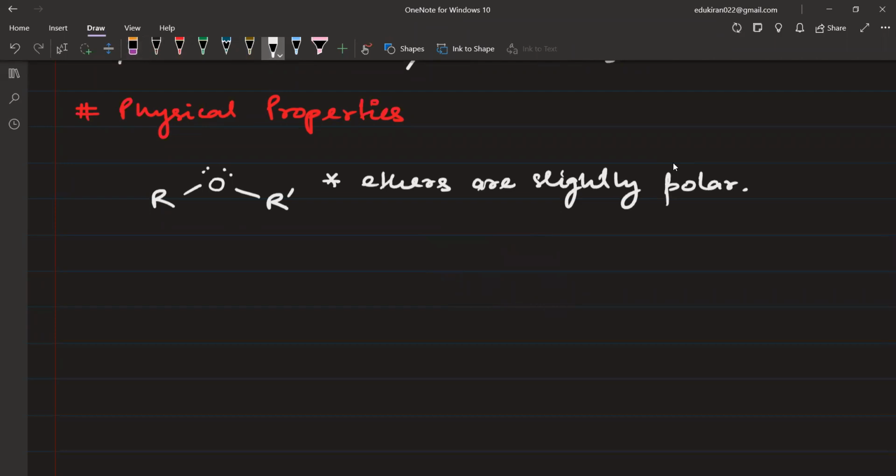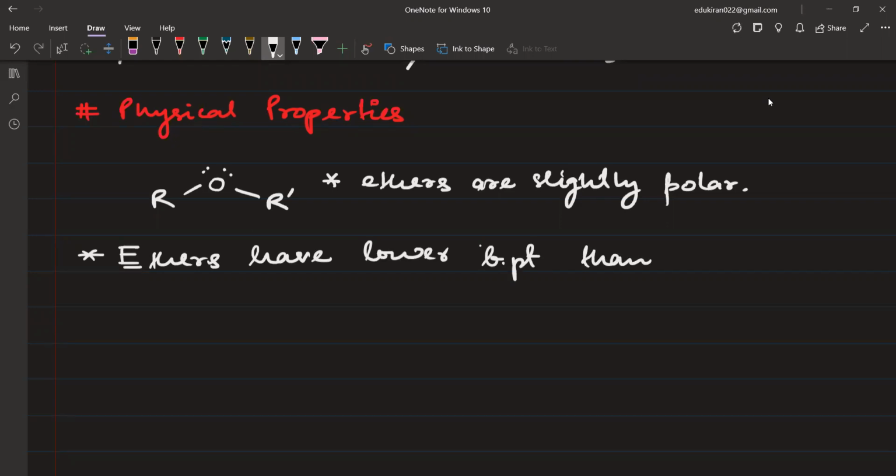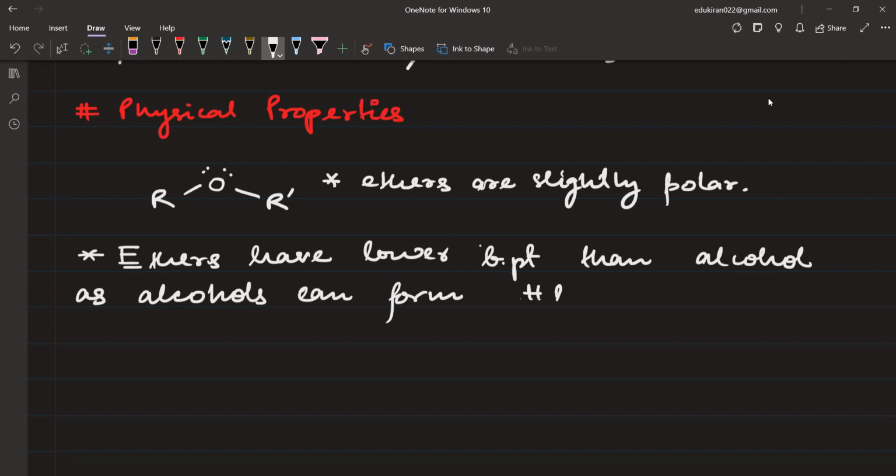Right, next point. Ethers have lower boiling point than alcohol, as alcohols can form hydrogen bond, but ethers cannot.